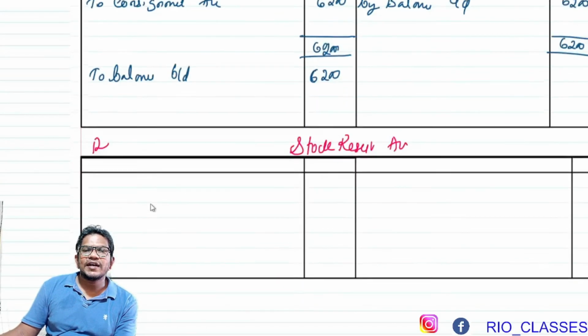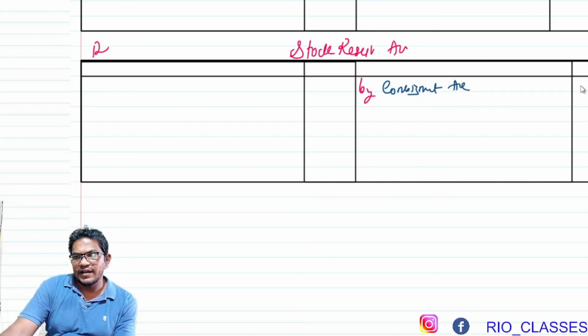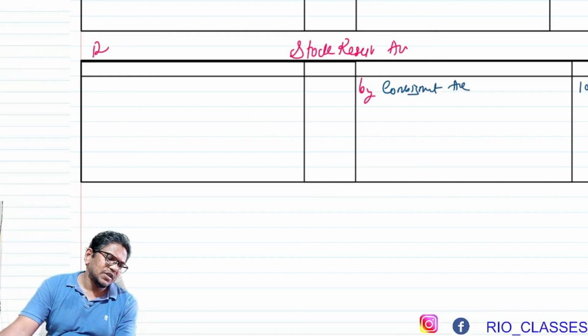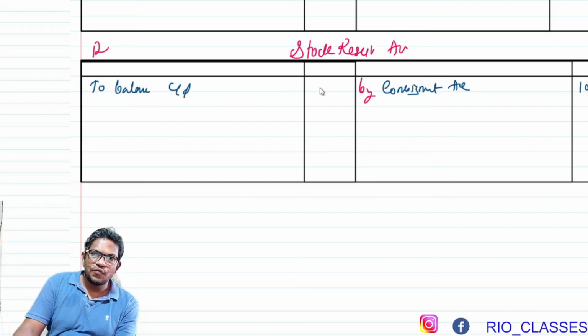Debited. Now make a credit by consignment account, that is 1,000. Same thing we have to do. To balance carried on 1,000 and brought down, because this is the only amount we have, right?